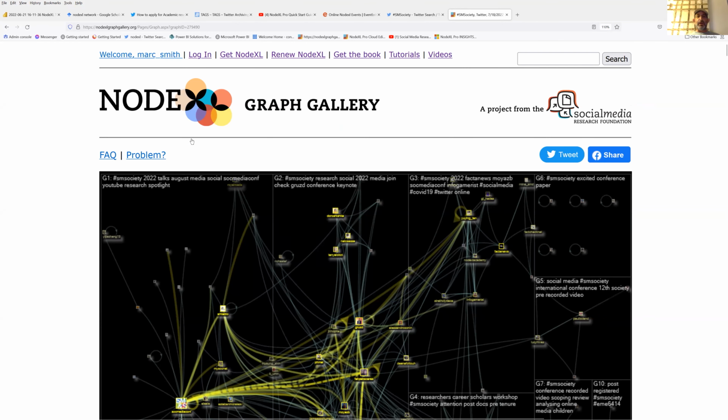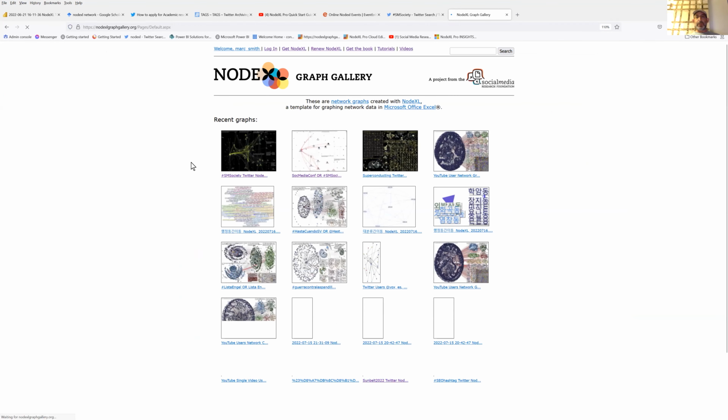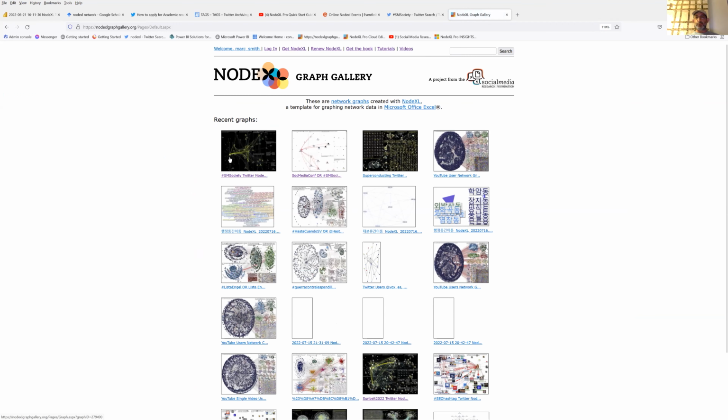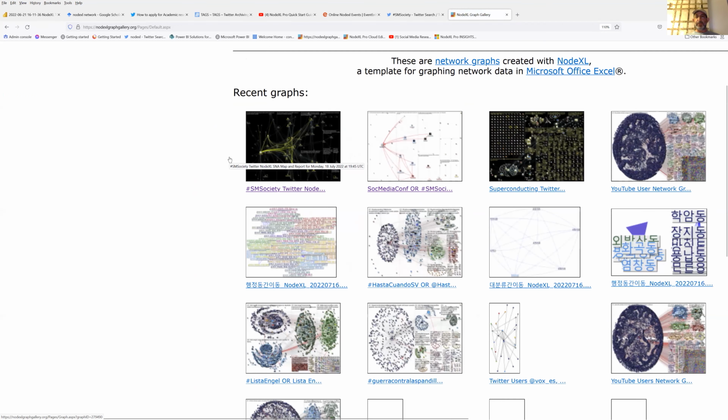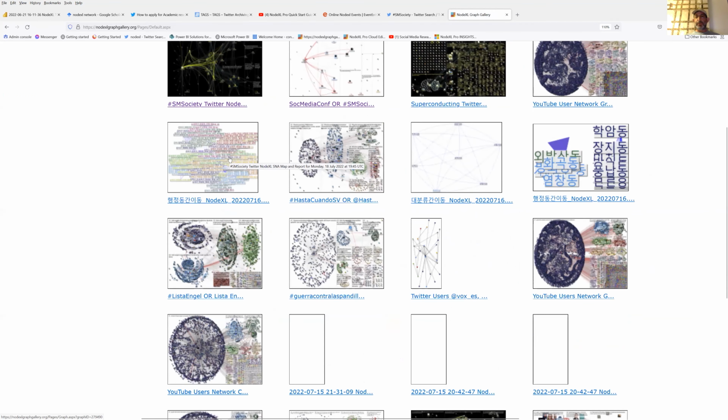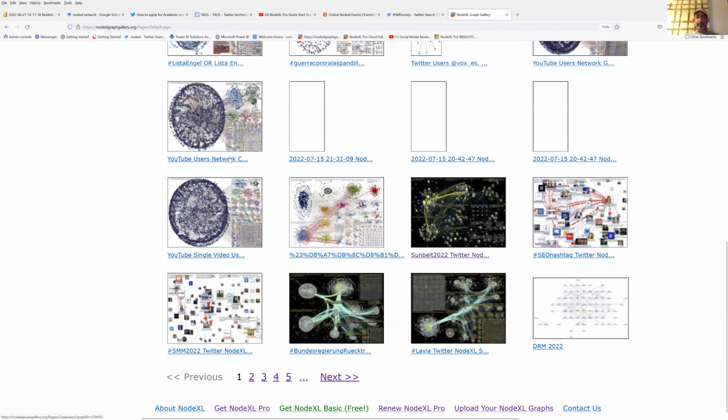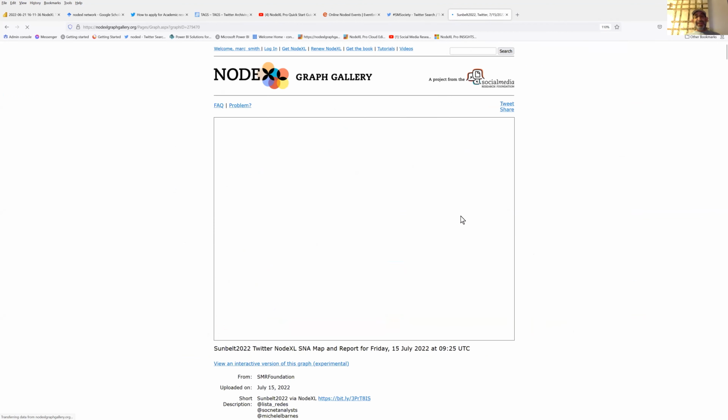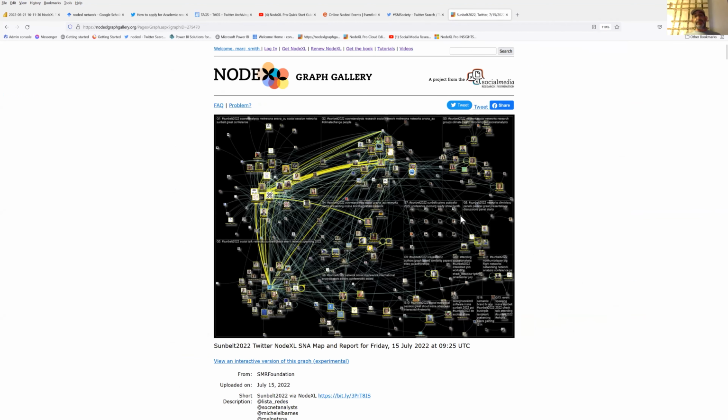But there are so many other social phenomena out there in social media. Many of these phenomena are consequential. They have political implications. They have social implications. We can see that there are other scholarly communities. For example, if you like SM Society, you may also like Sunbelt.